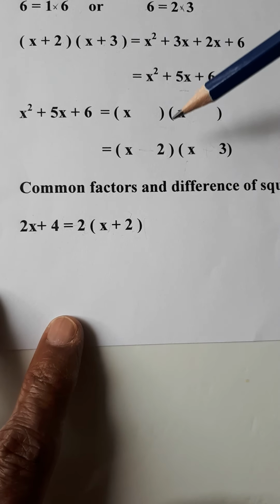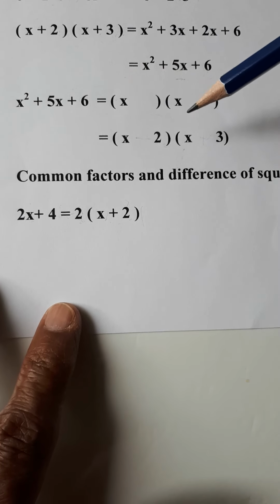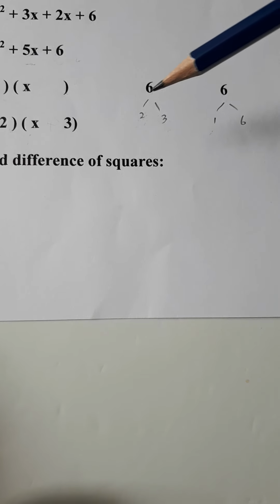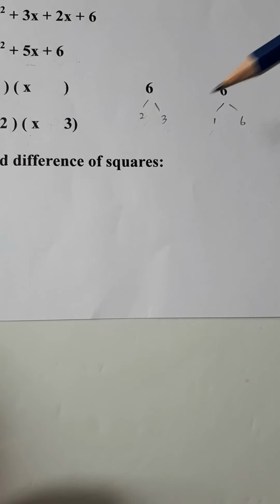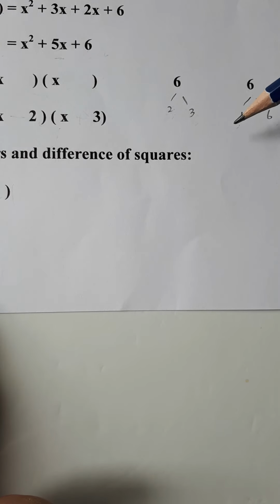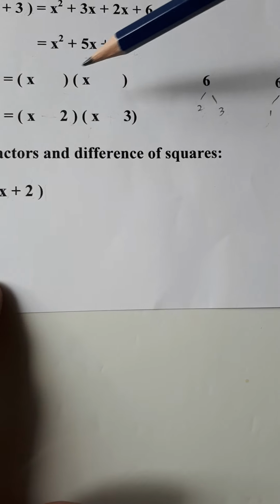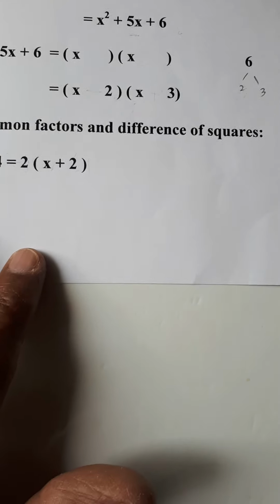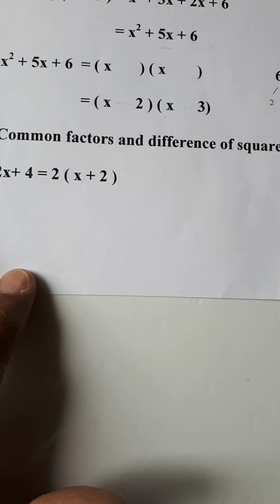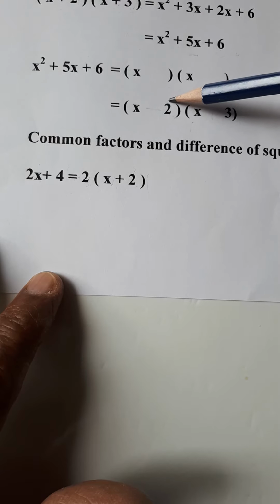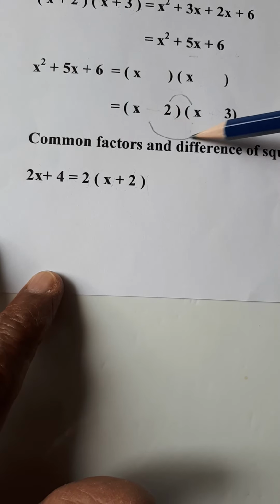First we put some brackets like this and put x and x. And then we write down the factors of 6 like this: 2 times 3 or 1 times 6. And we have to put these numbers here, 1 and 6, or 2 and 3, and see whether we are getting the middle term 5x, like here 2x, 3x.